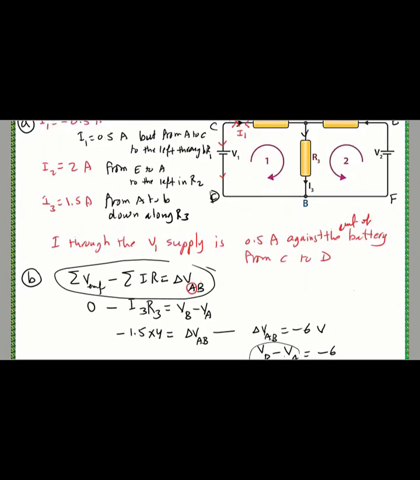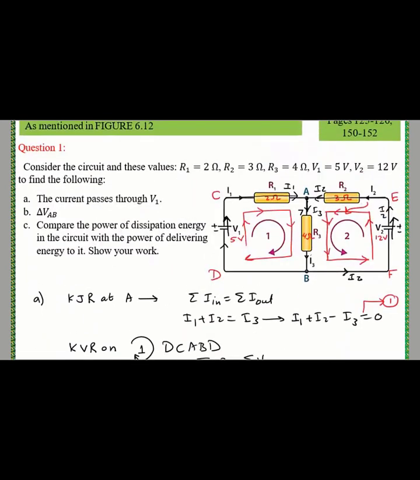Now, part 3, compare the power of dissipation energy in the circuit with the power of delivering energy to it. Show your work. This is a very important question. Ask yourself, who produces energy in the circuit? The trivial answer, which every person gives, is the first battery V1 and the second battery V2 are the suppliers, and the dissipators are R1, R2, R3, which is wrong.